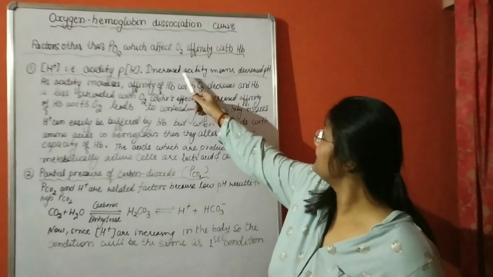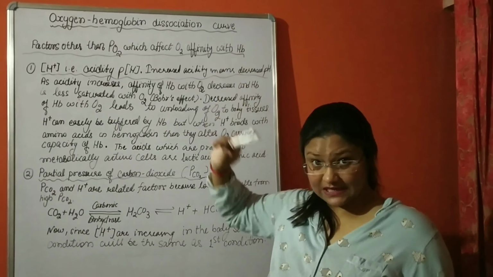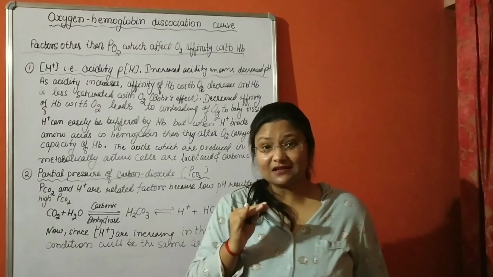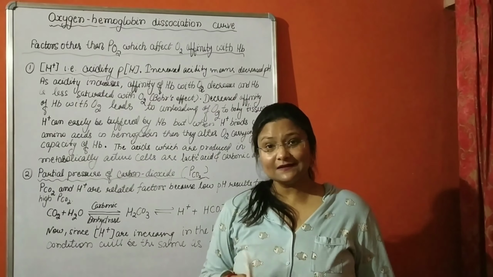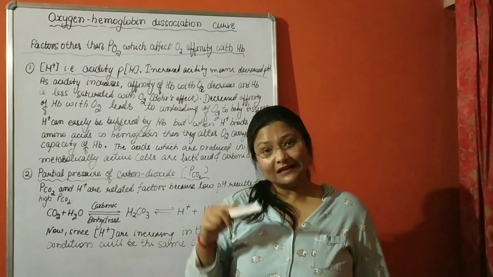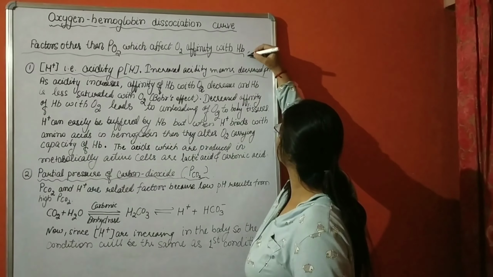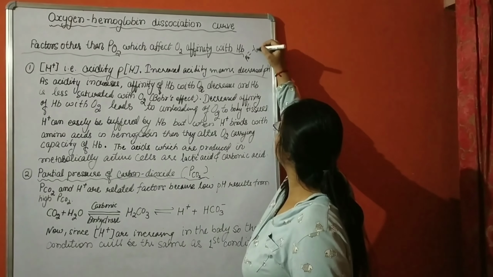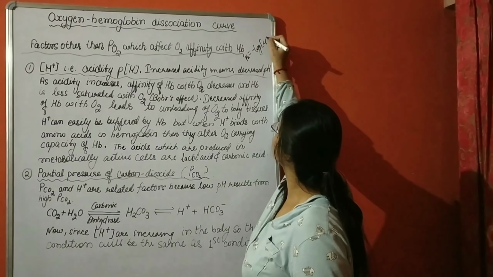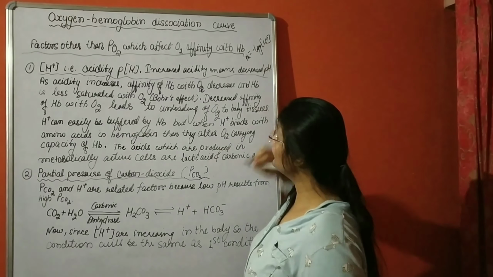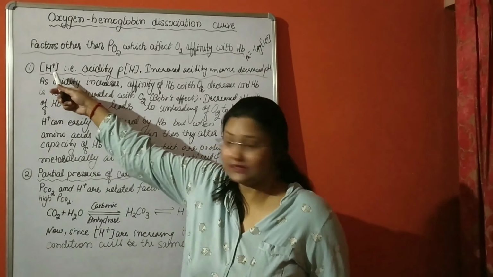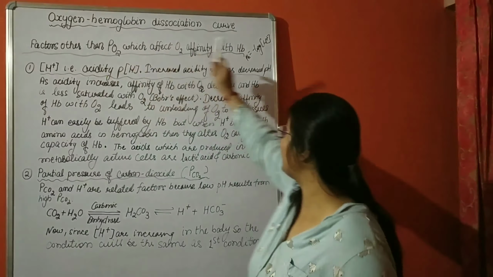Increased acidity means decreased pH. When H plus ion concentration increases, then it decreases the pH, because pH is negative log of H plus ions. So when H plus ions in the body increase, that time pH will decrease and acidity will increase.